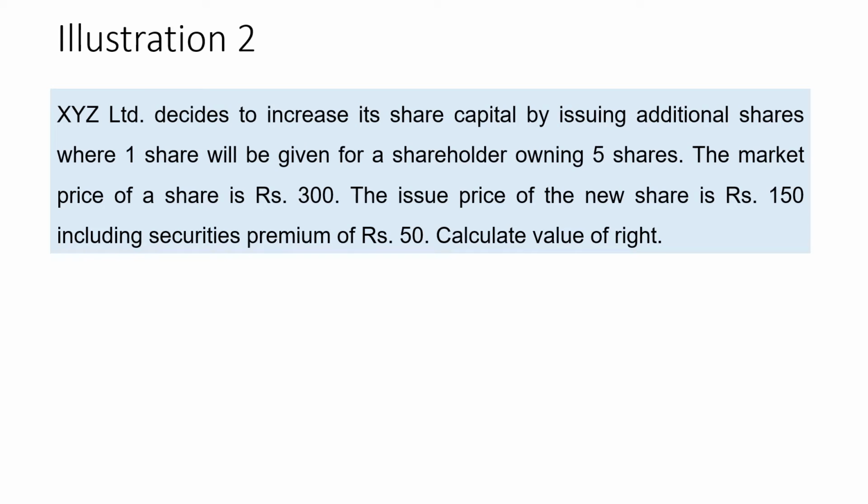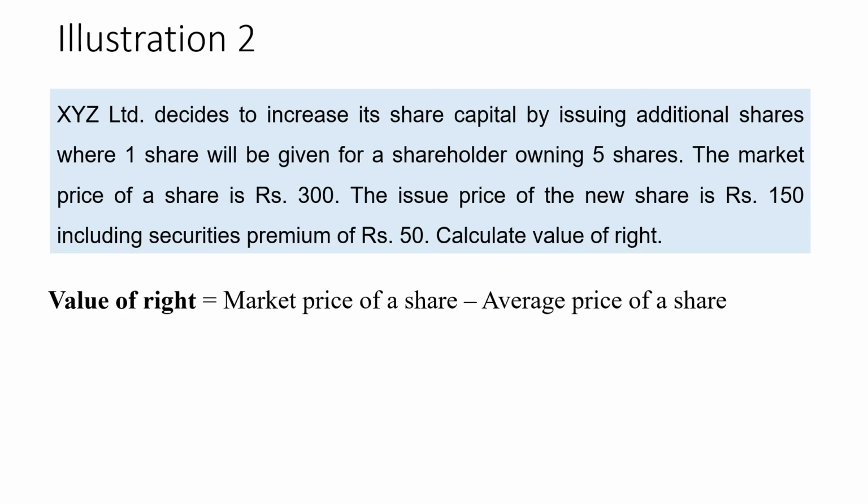So the catch here is that in the last but one sentence it's mentioned that the issue price of the new share is rupees 150 including securities premium. So in 150, that rupees 50 of securities premium is already included. We have two formula to calculate the value of right.